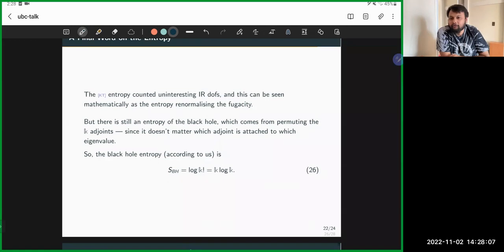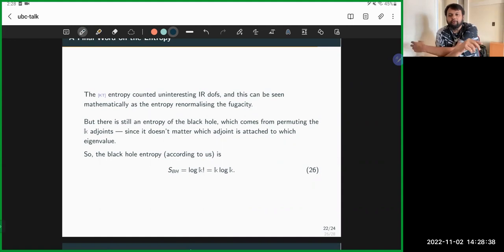So you might think that the entropy is zero because there's just one state I described. But in some sense, there is still some entropy which you should consider, which is that when you take K adjoints, there is a permutation symmetry. It doesn't matter what order you took the adjoints in. And this also turns up mathematically when you calculate the partition function. So you should really think of the black hole as coming from K adjoints.